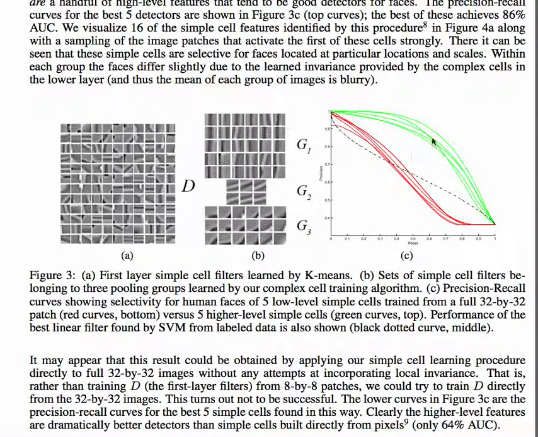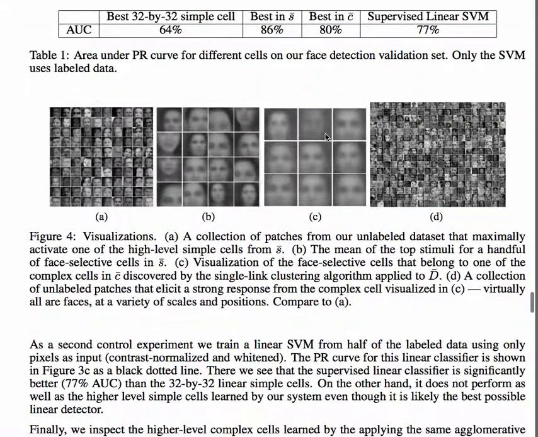So the two-layer network was actually getting a big boost. And even an SVM trained from labeled data was not doing as well. It's a linear filter in here. So this is quite an interesting paper because it shows that you can learn without much supervision. You can find cells that respond to the most typical item or things in a data set. It's quite an interesting result.